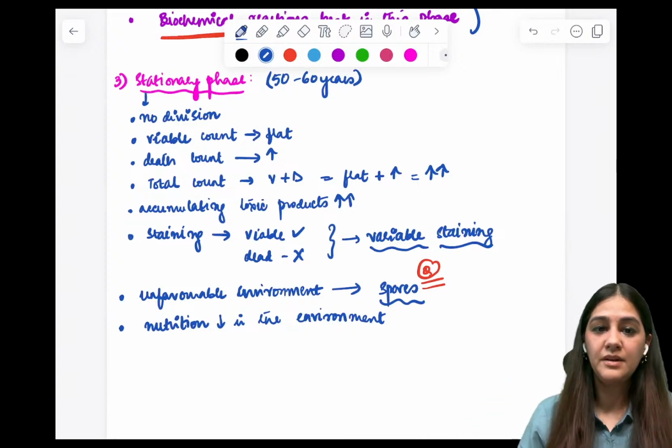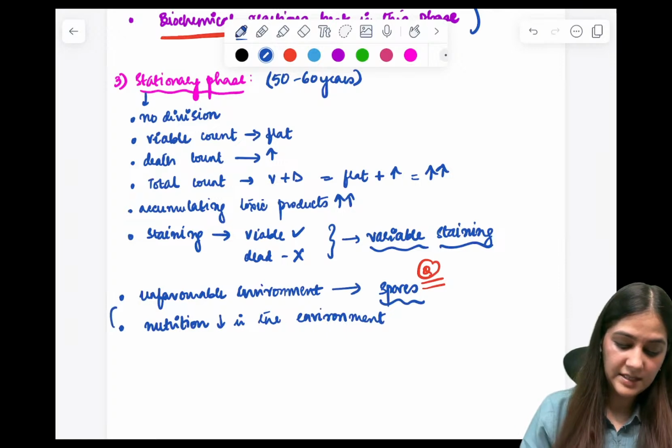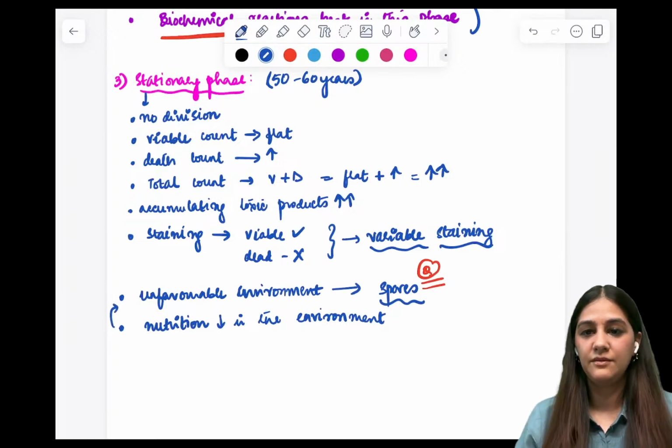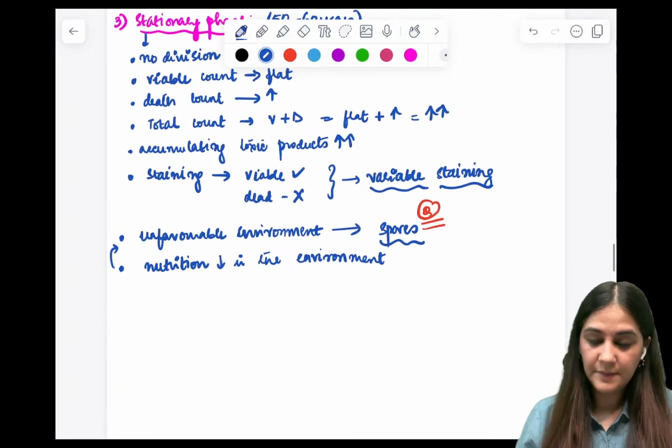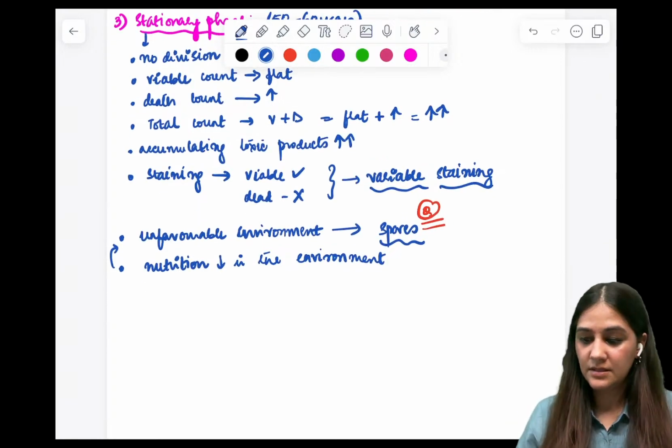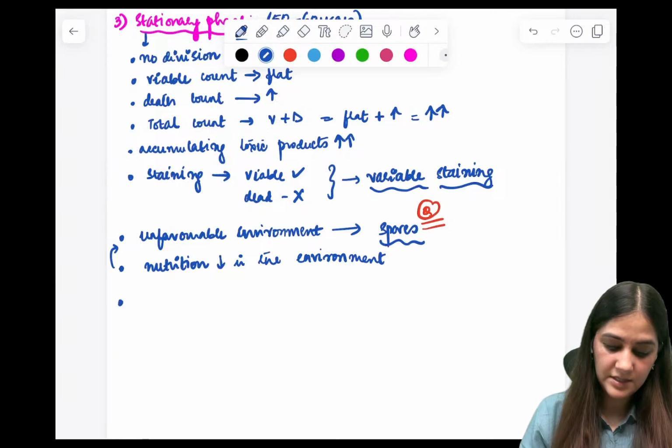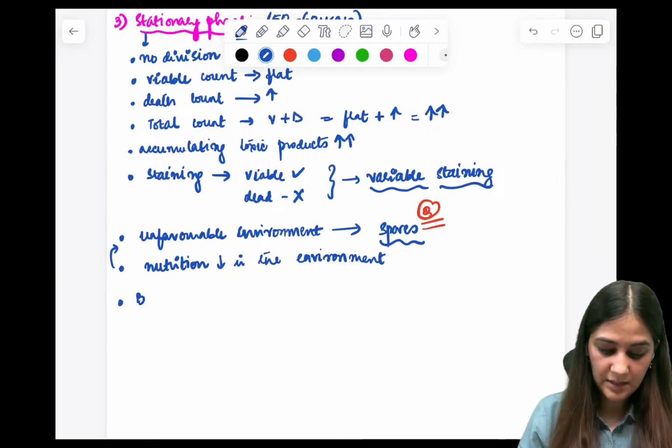So what is going to happen? The nutrition is decreasing. That is why also it is an unfavorable environment for the bacteria. And so it wants to save itself, right? So it starts producing spores. Got it?